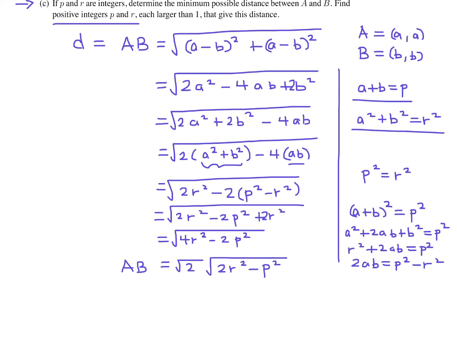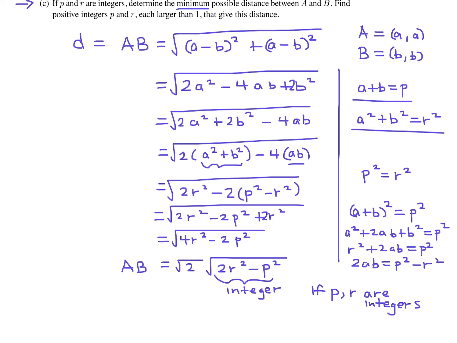Now they tell you that p and r are integers, right? They tell you that twice actually. So if p and r are integers, then that means that this number in here is also an integer, right? That's the only way this is going to work.